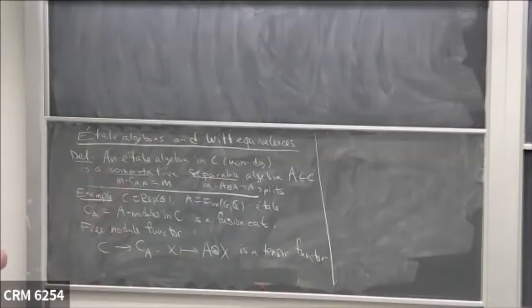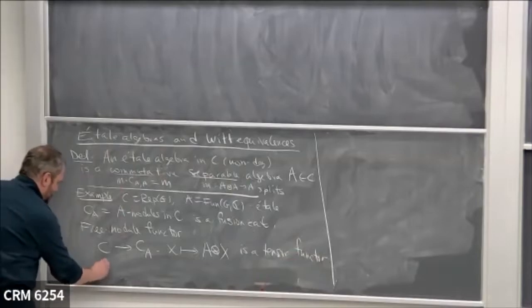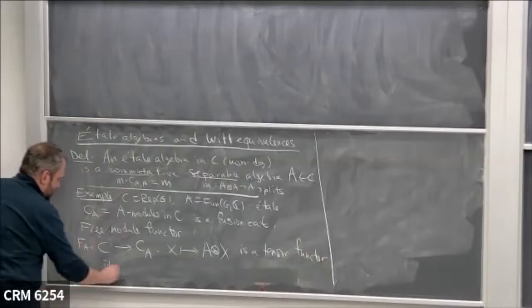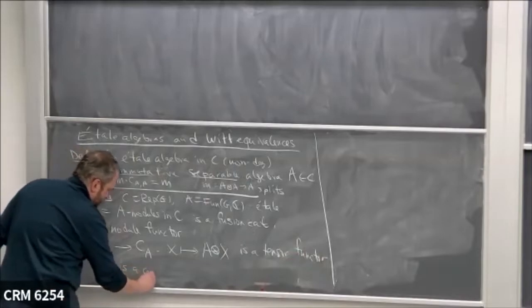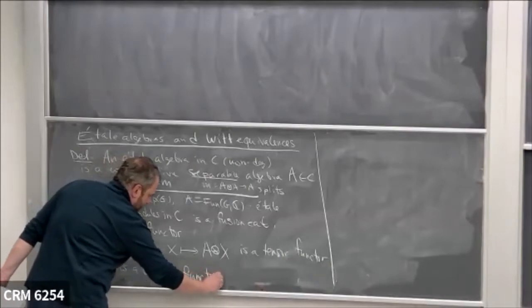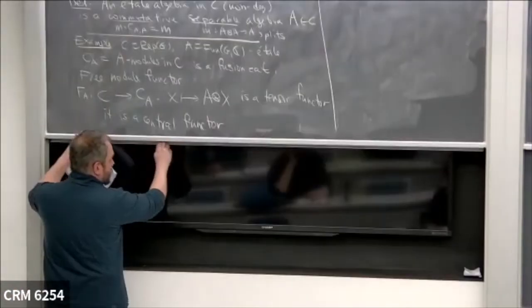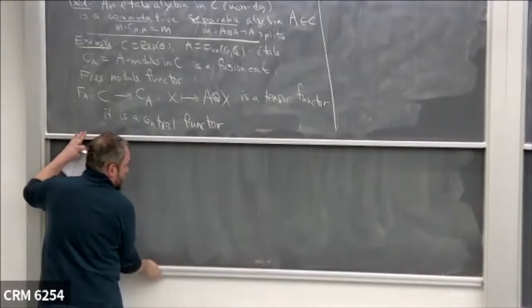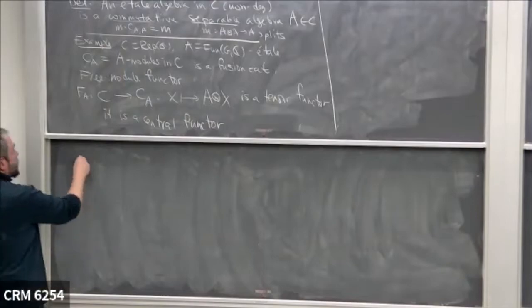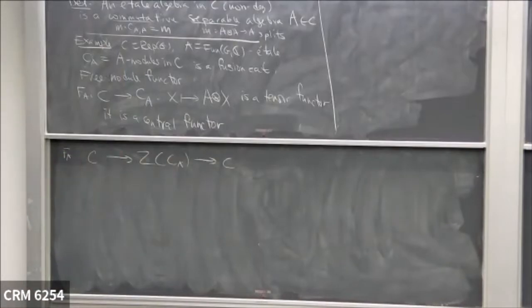Now, furthermore, this functor is central. Let's give it a name. Let's call it F. It is a central functor. So what I mean by that is that it factors through the braided tensor functor Z to the center of this category of A modules.